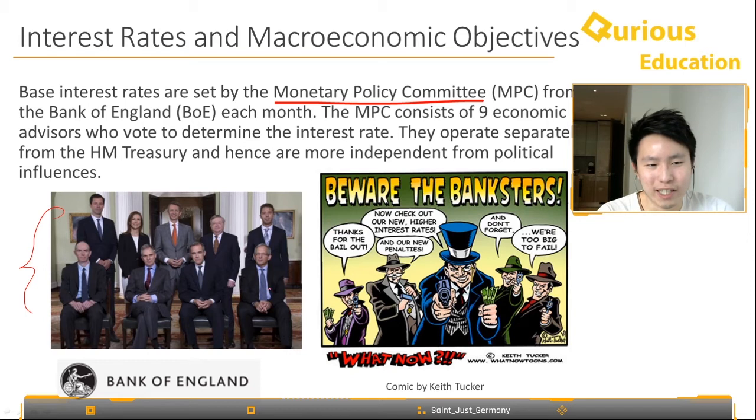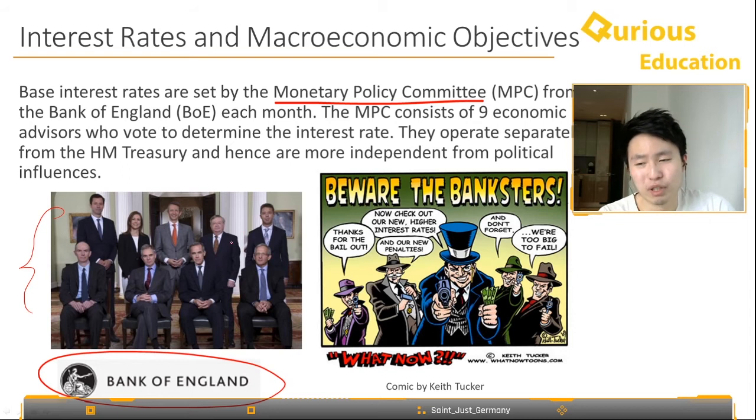This is a very old picture, and of course in the UK this is done through the Bank of England. So they operate separately from political pressures, even though you often see Trump telling the central bank to decrease the interest rates, so it helps with the election and helps stimulate the economy, even though it might not be appropriate.